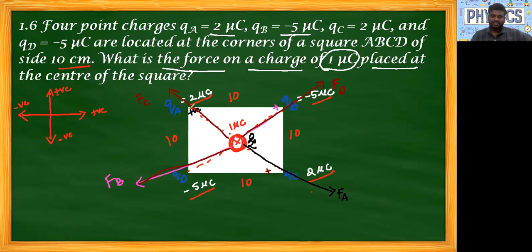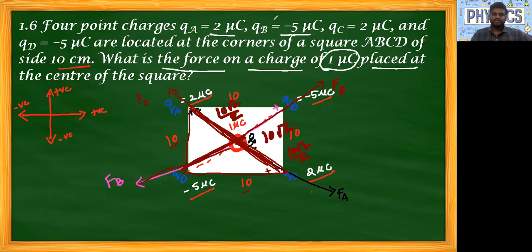From Pythagoras, this is 10 and this is 10, so this overall distance is 10 root 2. Up to here, this is 10 root 2 by 2, and here also it is 10 root 2 by 2.